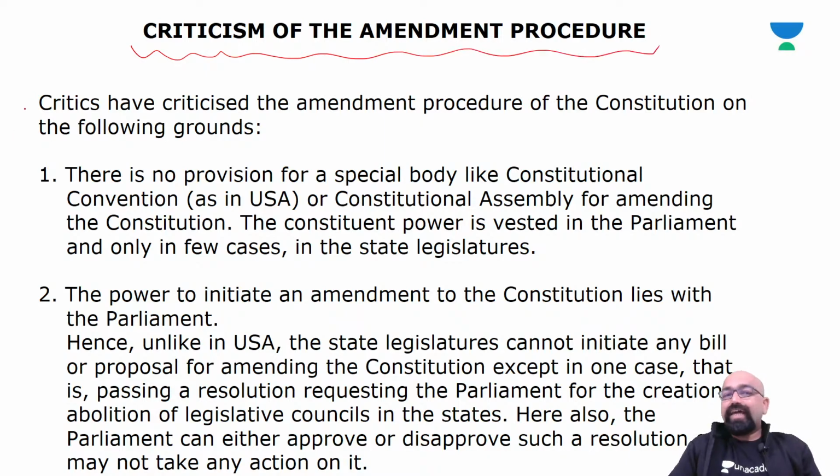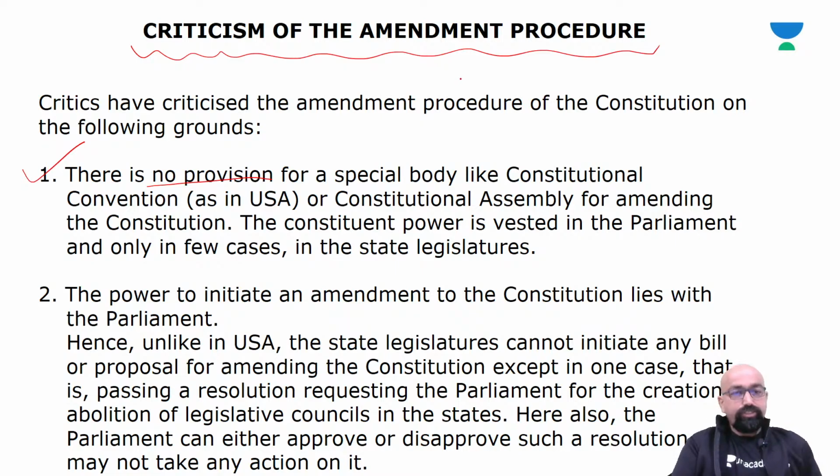Critics have criticized the amendment procedure of the constitution on various grounds. Here we can study this criticism. First, there is no provision for a special body like a constitutional convention or constitutional assembly for amending the constitution.